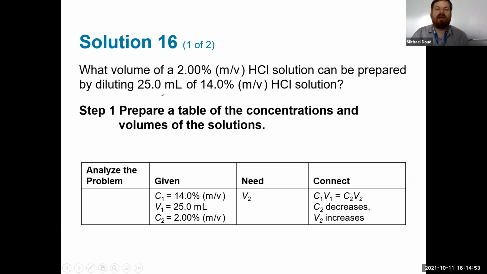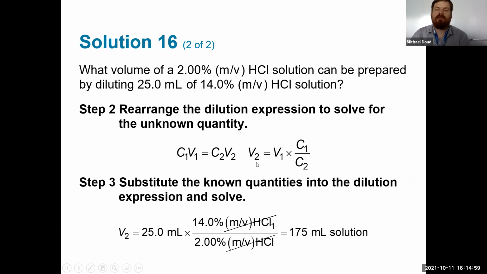And finally, V1 is 25.0 milliliters. So the question is, what is the final volume going to be? Well, if we solve for V2, it ends up being V1 times C1 divided by C2, which is 25.0 times 14.0 divided by 2.00. And that gives us a final answer to three significant figures of 175 milliliters of solution.